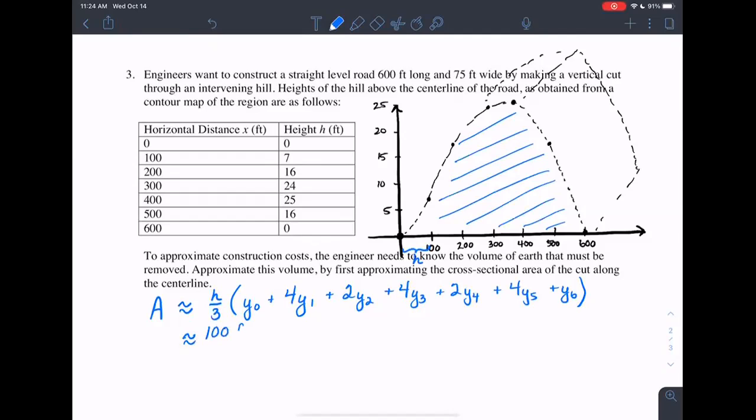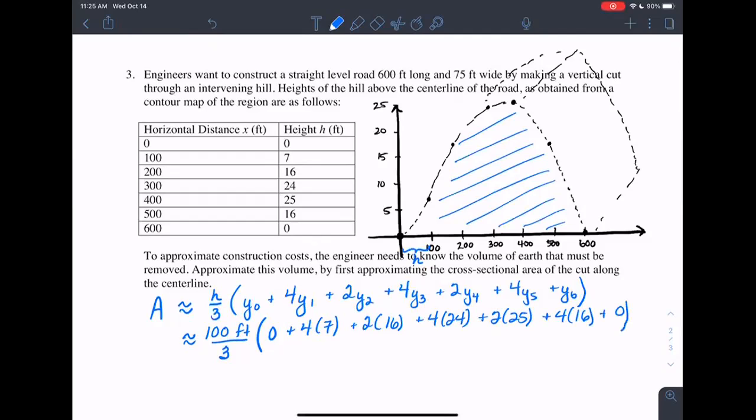And I'm going to put my units in here so we can note that they do make sense. The y values are just the y values that were given in the chart. So they are the 0, 4 times y1, 4 times 7, 2 times the next one, 4 times the next one, 2 times the next one, 2 times 25, 4 times 16, and then at the end, we had that 0 again.